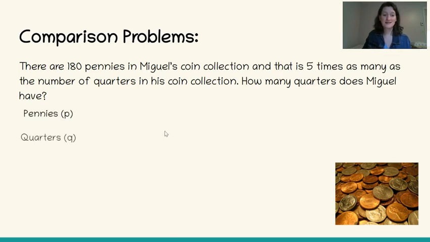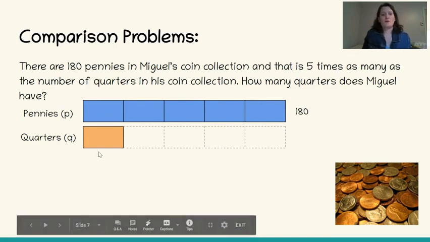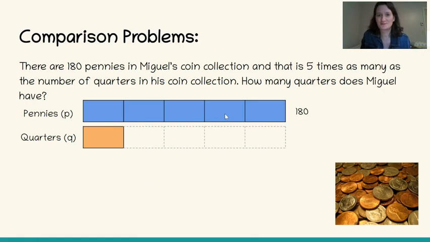We know pennies and quarters are going to be our comparison bars, but we don't know what the number is for how many quarters. So we don't know what to put in our repeated groups, but we know there are 180 pennies altogether. And because we know it's 5 times as many, we can make comparison bars with 5 groups. We've just got to figure out what is this number we're going to put in the groups.